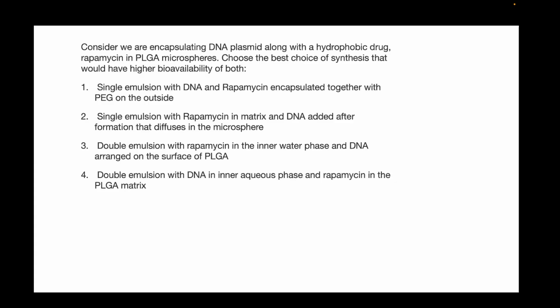Options are: single emulsion with DNA and rapamycin encapsulated together with PEG on the outside; single emulsion with rapamycin in the matrix and DNA added after formation that diffuses in the microsphere; double emulsion with rapamycin in the inner water phase and DNA arranged on the surface of PLGA; double emulsion with DNA in inner aqueous phase and rapamycin in the PLGA matrix.